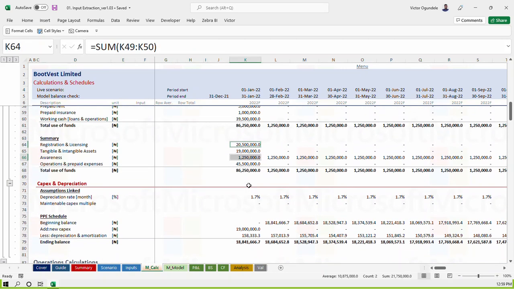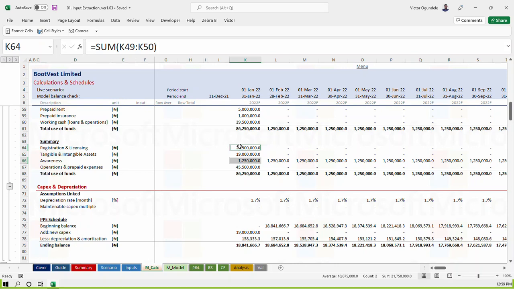So we went to look at our use of funds breakdown summary. We're saying that registration and licensing cannot be capitalized, so we're expensing it. Awareness, which is more like marketing, business awareness for the first 12 months, that's what we have. So those are the two things we sum together. Operations and prepaid expenses is more like provision for cash to use in running the business operation.